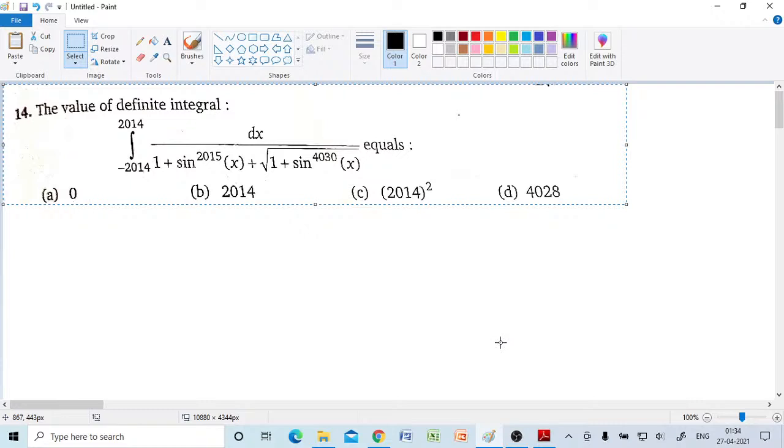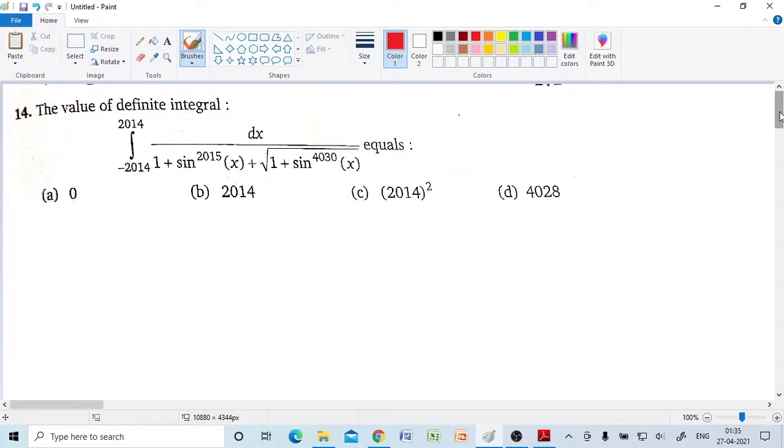Okay, nice. So let's just start. Okay, so this is a very big integral. This looks so big. We are given some options also. Let's see which option satisfies.